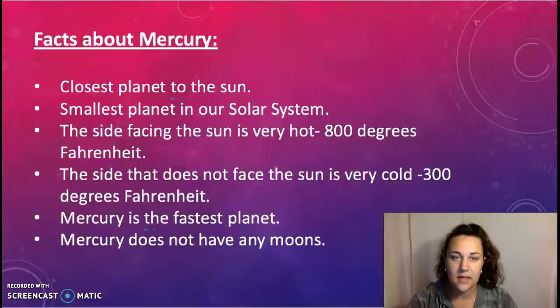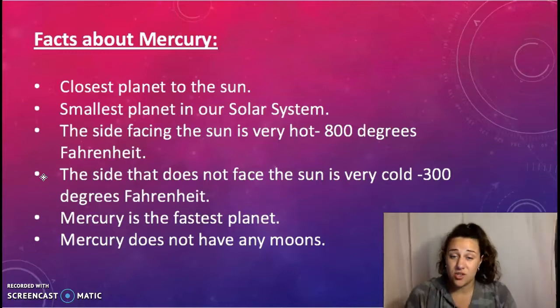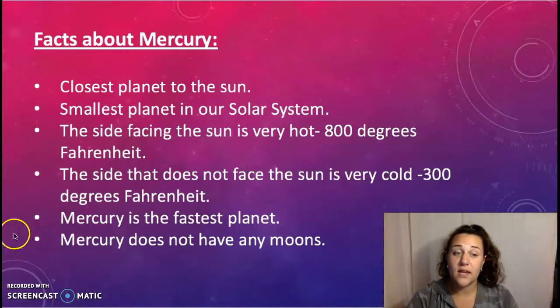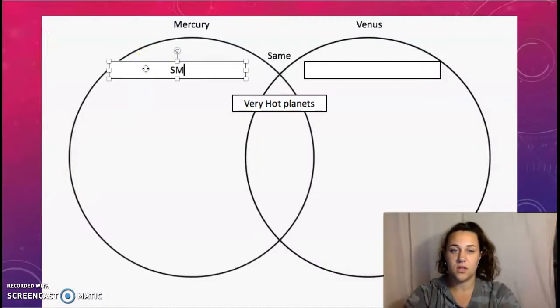Now let's go back and look at our facts again and maybe we can find some differences. So let's go back here. We have Mercury. So we have it's the smallest planet in our solar system, we already said. Well, I can go now and put that here. Smallest planet in our solar system.